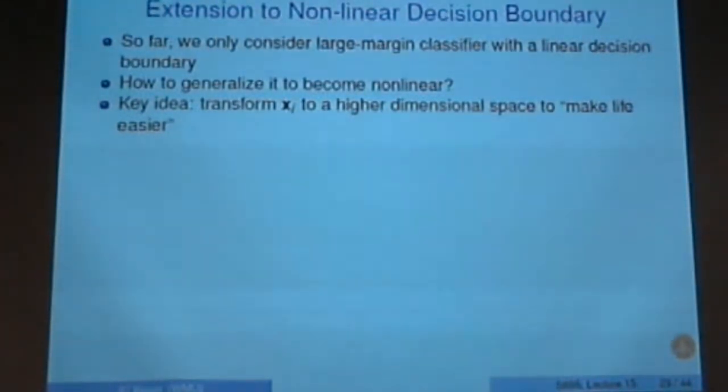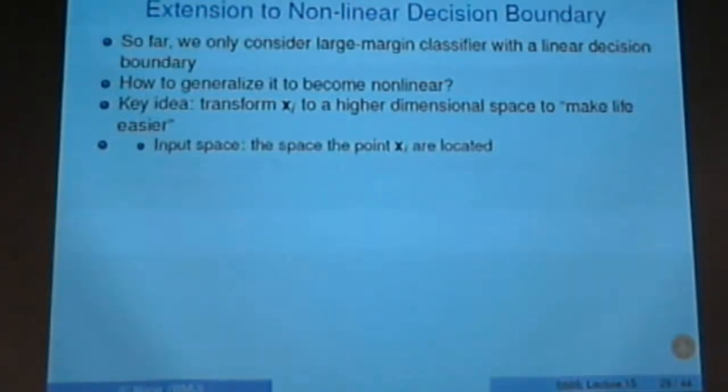The key idea is to transform your input variables to a high dimensional space to make it linear, to make life easier. In this high dimensional space you have a linear problem, either separable or non-separable, but it's linear: a straight line separates the boundaries, and then of course, when you transform back to the original scale, it becomes a nonlinear situation.